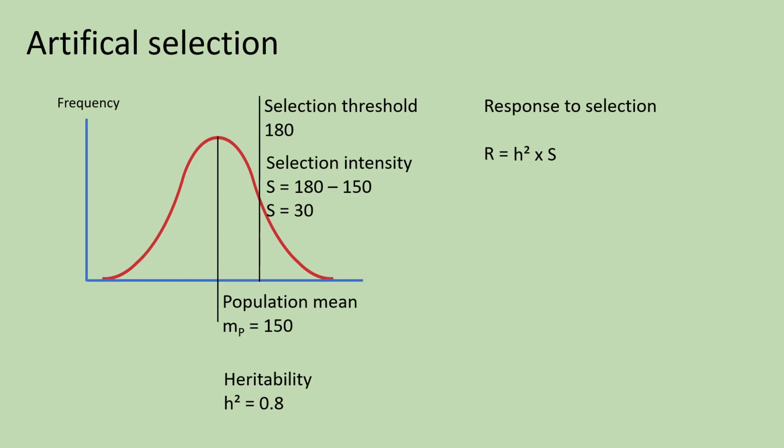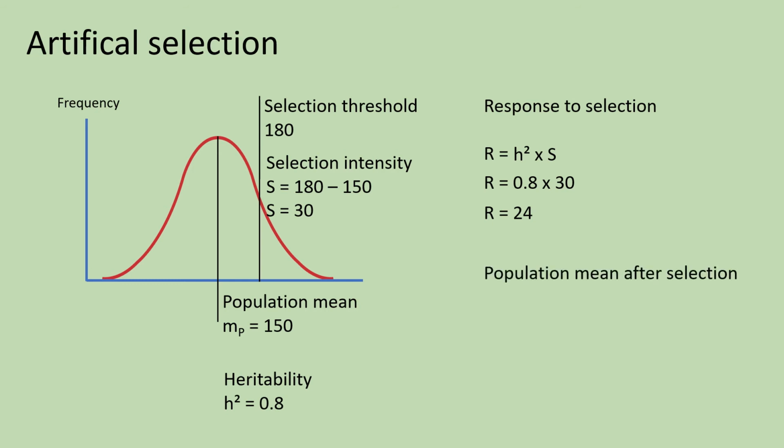That is 30 grams of difference between what we currently observed in the field and the threshold that is applied by the farmer for selection. Given the heritability of the population, which is simply the responsiveness of the trait carrot weight to selection, the average weight increase after selection, or the response to selection, is going to be 24 grams.